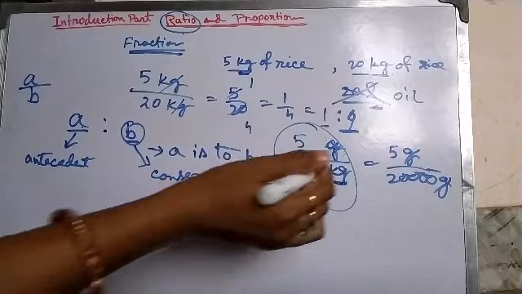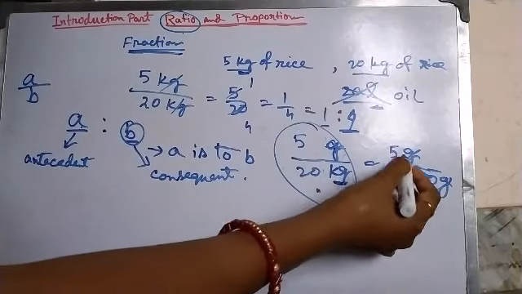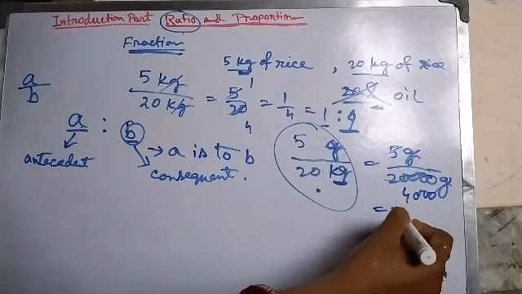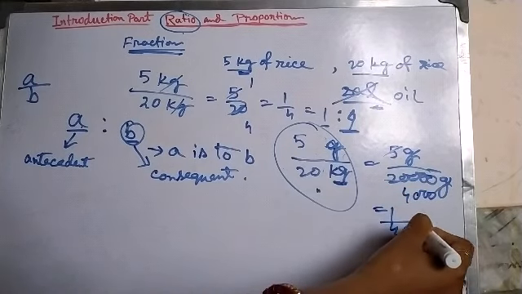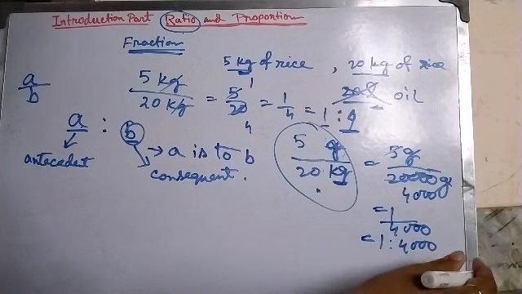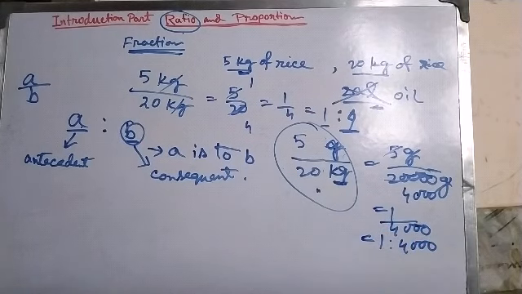After that we can make it in simplest form, that means 1 by 4,000, that is 1:4,000. So this is the relation between fraction and ratio. Ratio is one type of fraction.